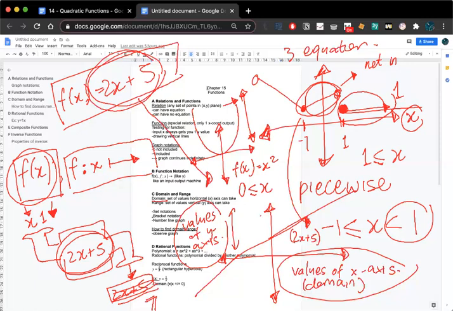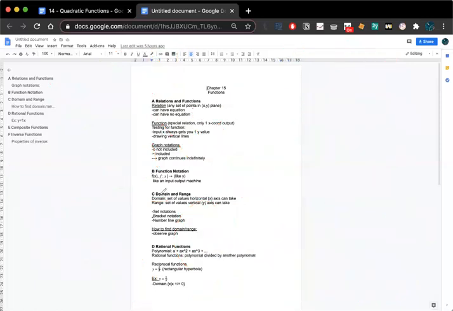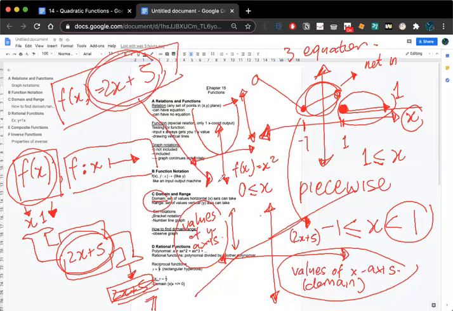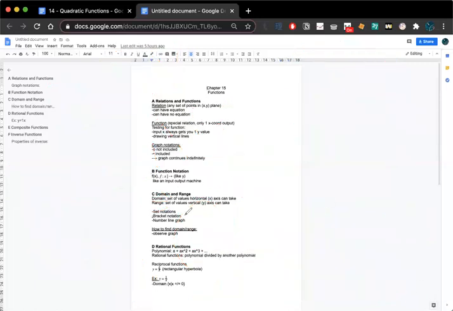And basically, these two, domain and range, are usually written in set notation, bracket notation, or the number line graph. The set notation, if we recall, which I've actually covered, would be something like this. And then for the bracket notation, it would be something like this.